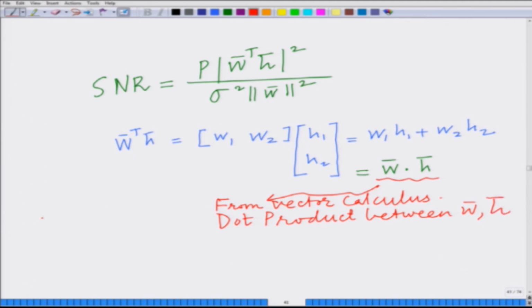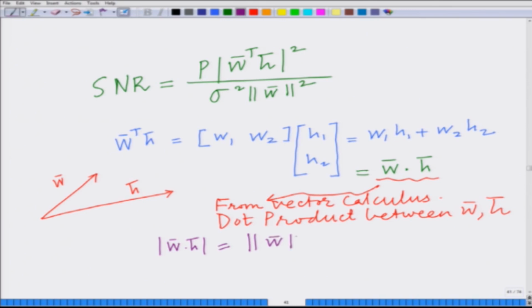That is, if I have two vectors, my vector W bar and my vector H bar, this is the dot product between W bar and H bar.